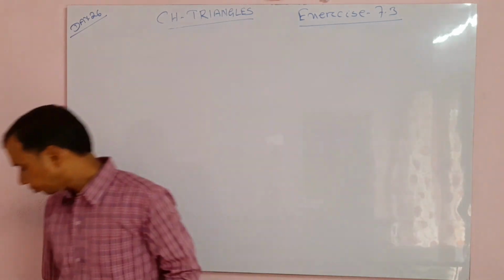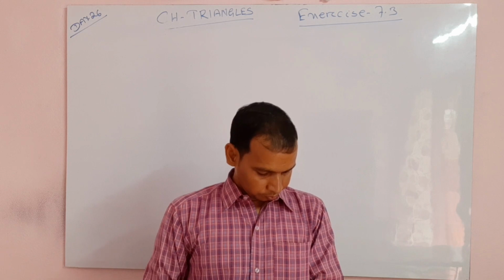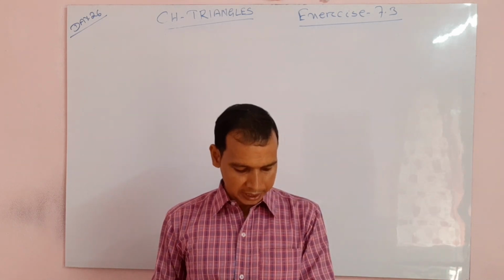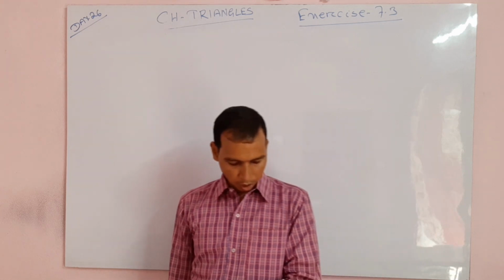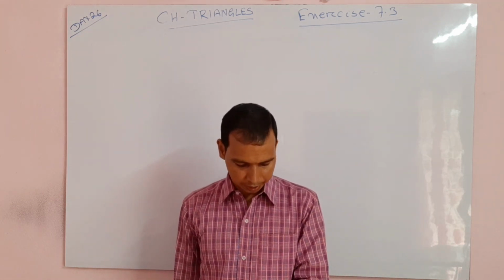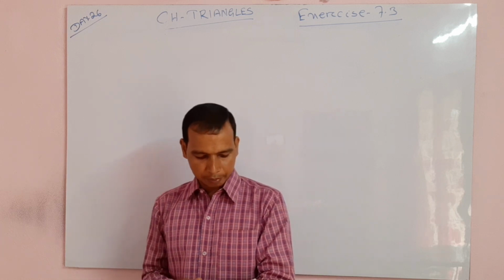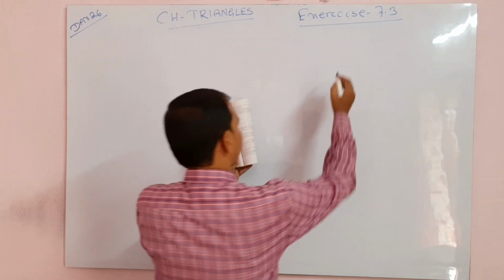Look at number 3. Two sides AB and BC and median AM of one triangle ABC are respectively equal to the sides PQ and QR and median PN of this. Okay, mark here two triangles.